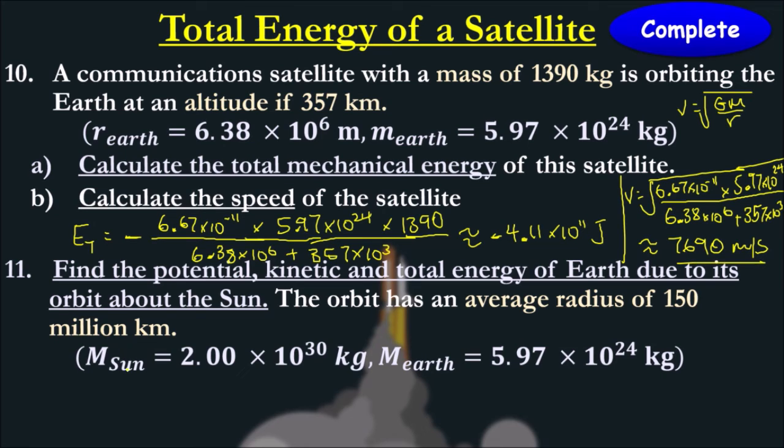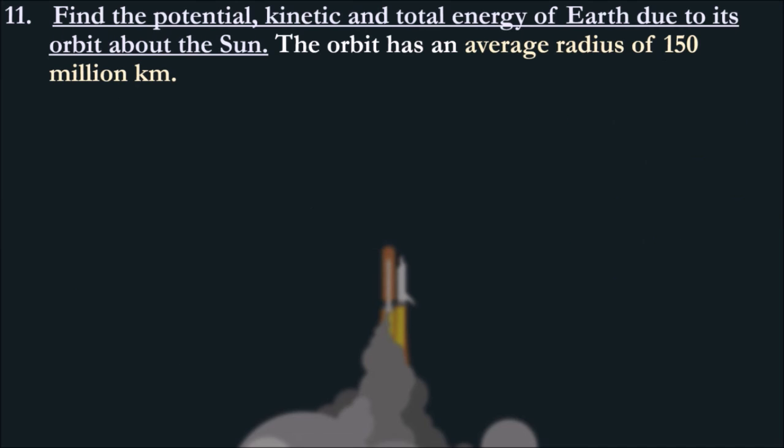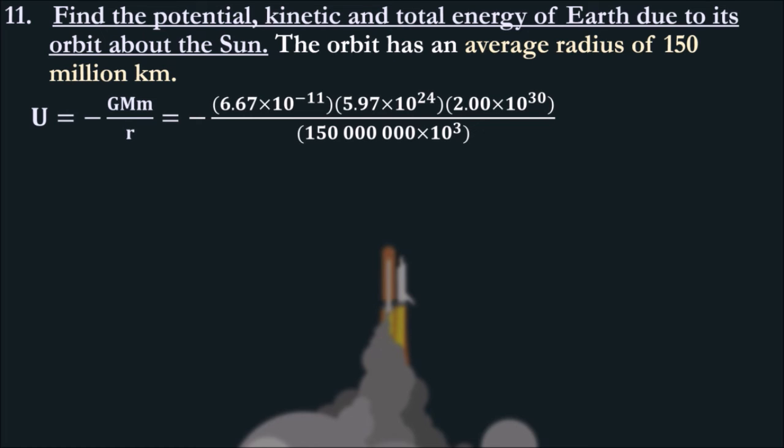Okay, that's done there. Next one is question 11. It says find the potential, kinetic, and total energy of the orbit around the sun. As I was running out of space, I will just show it to you on this slide here. So let's firstly find the value for the gravitational potential. Those are our substitutions.